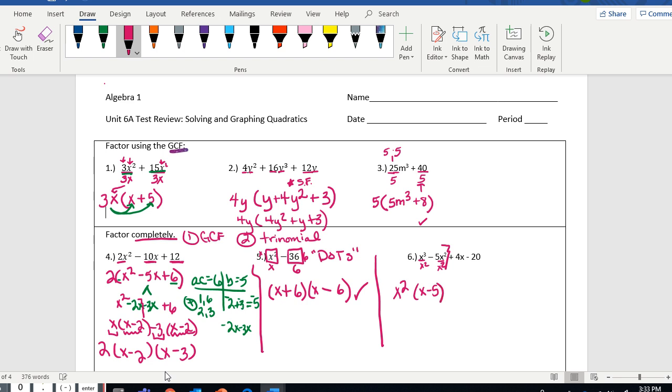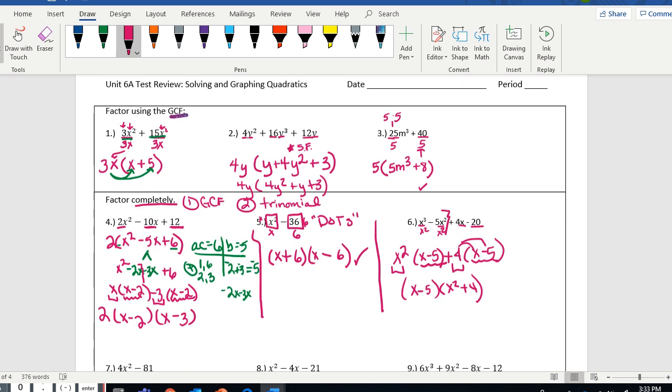And then over here, I'm going to pull a 4 out, and I'm going to make it plus 4, x minus 5, because 4 times x is 4x. 4 times negative 5 is negative 20. Notice the x minus 5, they match. And then you take the leftovers, x squared and a plus 4. X squared plus 4, and I'm done.